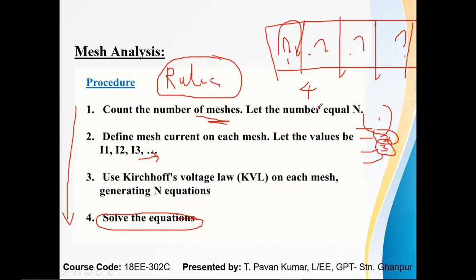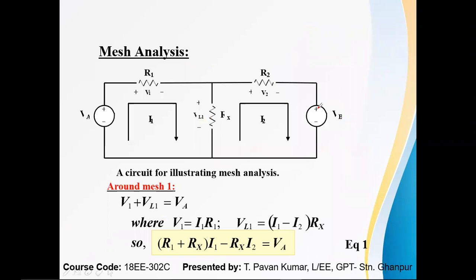Right. Let me move to the next slide. Here he has given one circuit. This circuit represents the parameter values, not numbers: VA and R1, VL1 and RX, R2, VB.